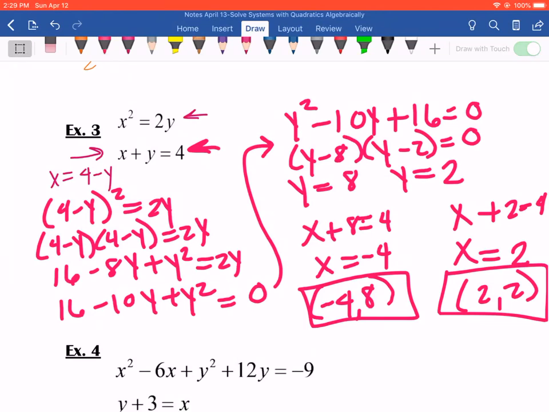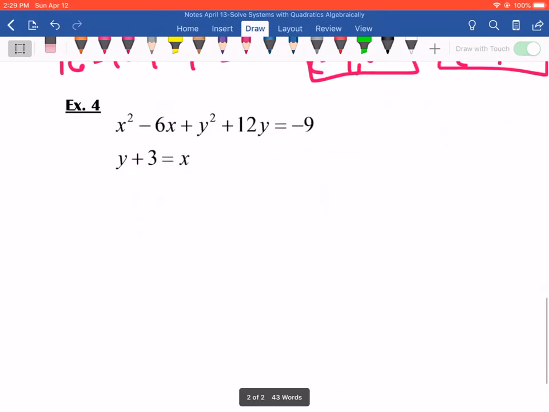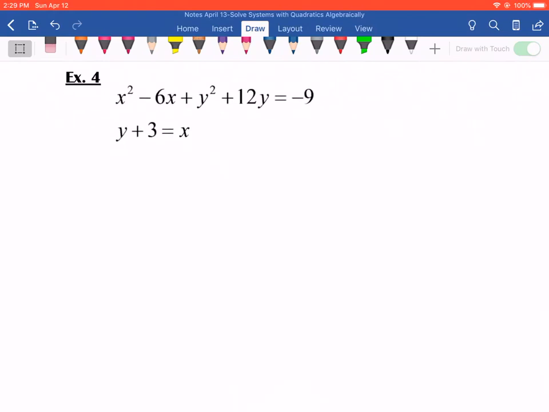All right, we have one more example here. It's example 4. Lucky for me with example 4, I already have one of the equations solved for a variable. So I can go ahead and plug in y plus 3 for every x value that I see in this function right here.